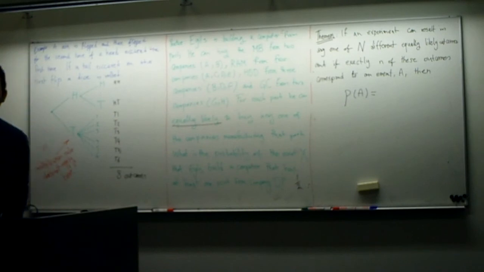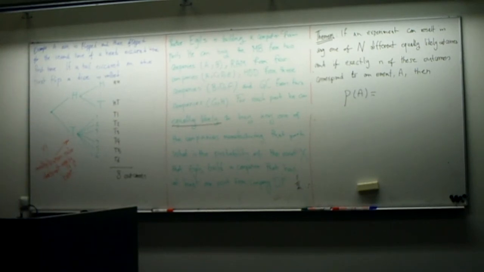Come on, you have seen it before, you said. So. We have a sample space which has capital N elements. We have event A, which has lower n elements.